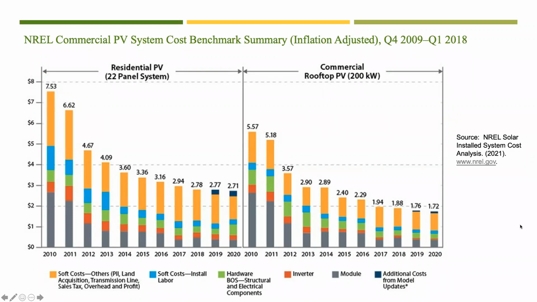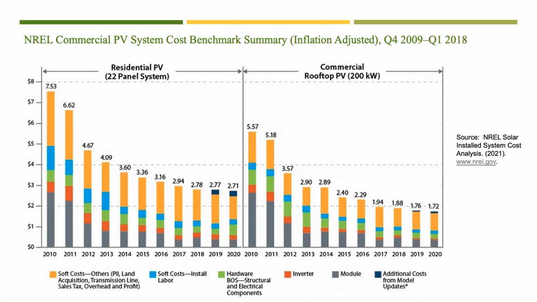In general, you can see the cost reductions for the commercial projects dropped by roughly 69%, from $5.57 per DC watt down to $1.72 in 2020. And again, I mentioned that the real life examples were fairly close, and I'm always interested and surprised, frankly, at how accurate the NREL data is compared to quotes that I tend to see from farmers here in Ohio.